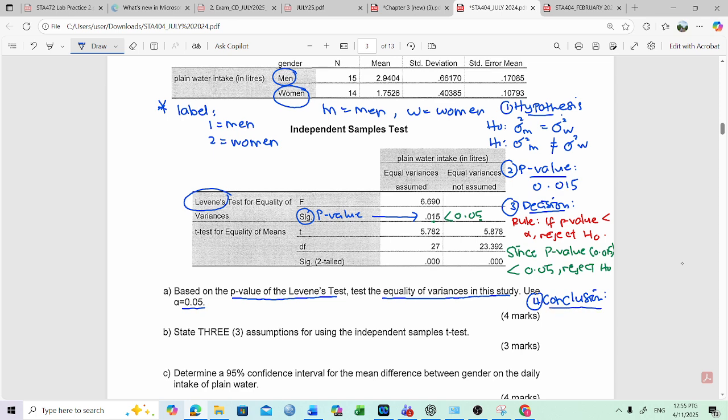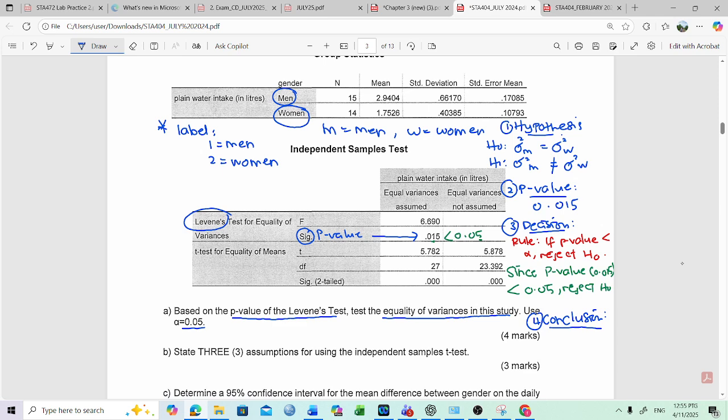Since we reject the null, reject meaning that we do not want it. In order for you to write the conclusion, please look at your decision. Your decision is reject the null hypothesis. We go back to your hypothesis.